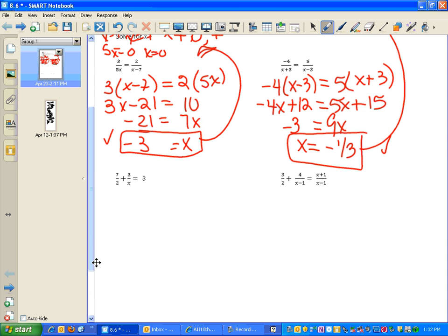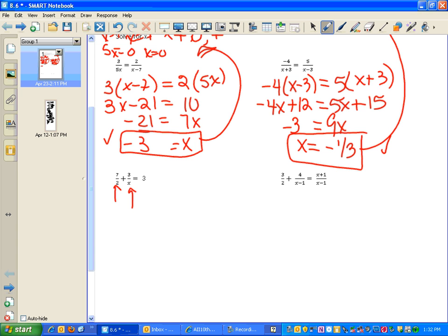But if we're going to add them together, we have to get a common denominator. First thing that we do is figure out what makes my denominator 0. Do I care about this first fraction? Do I have a variable in that denominator? So who cares about that denominator?